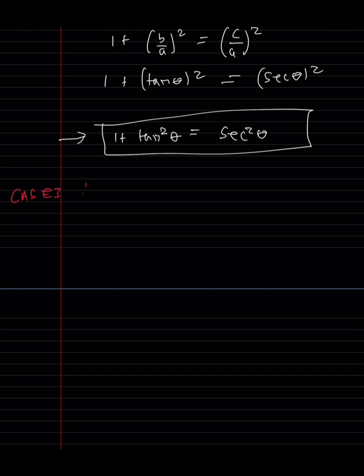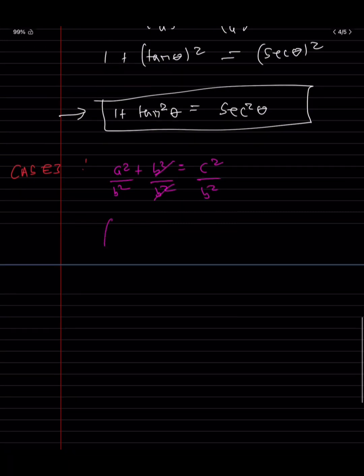For case 3, we are going to divide both sides by b squared, as we have done for a and c. If I have a squared plus b squared equal to c squared, when I divide both sides by b squared, b squared cancels b squared.